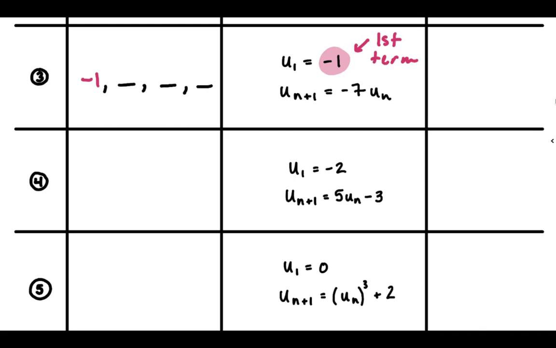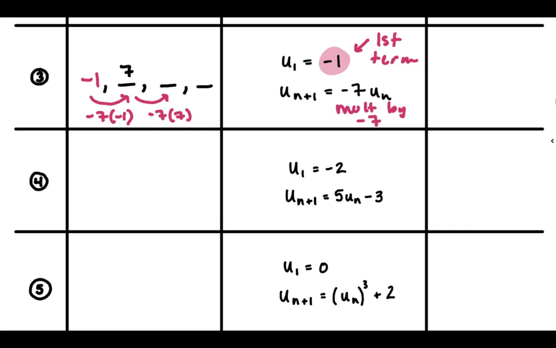So multiply by negative 7. To go from negative 1 to the next term, I'm going to do negative 7 times negative 1. That gives me positive 7. A negative times a negative is a positive. Then to go from 7 to the next term, I'm going to do negative 7 times 7 this time.